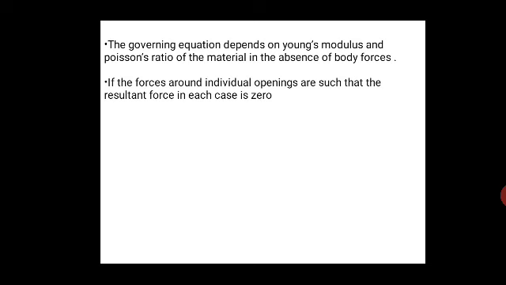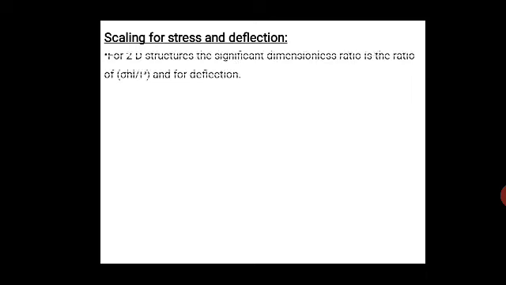So here there are different methods to determine the prototype scaling, and the first one depends upon the scaling of stresses and deflections. See, the stresses and deflections we need to scale up depending upon the physical model to a prototype model. Now, for two-dimensional structures, the first method is scaling of stress and deflection.